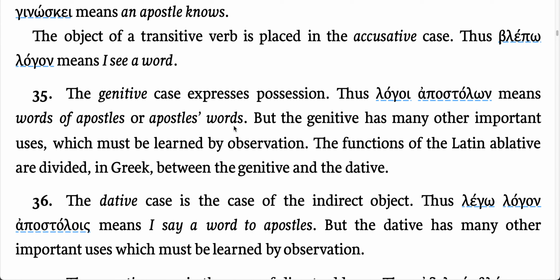You could say it apostles' words with the apostrophe there. I like to do it like this just to keep it consistent, to show that this is the noun and it's plural. This shows the other noun. It relates to this noun. So this one's in the nominative. This one's in the genitive. So the genitive expresses possession.